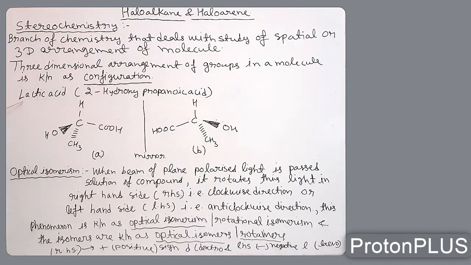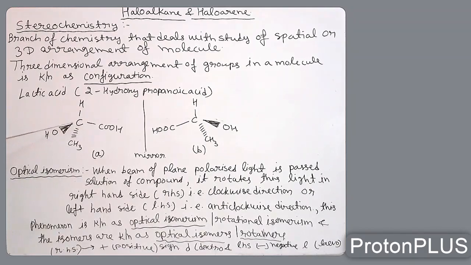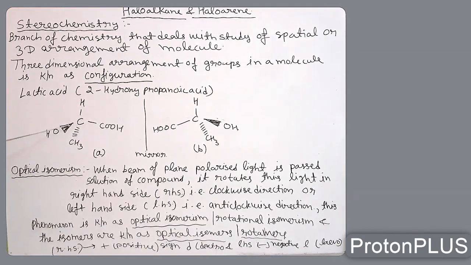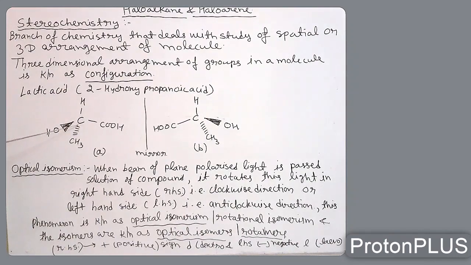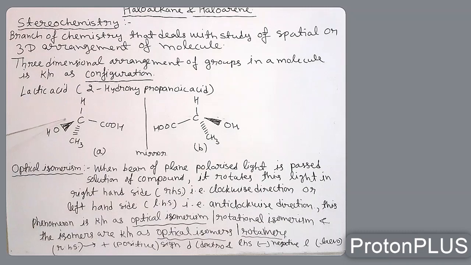For example, if I take lactic acid, that is 2-hydroxypropanoic acid. In this molecule, if we check the three-dimensional arrangement, this one is the central atom, that is carbon. Four groups are attached to it. These two groups, hydrogen and COOH, are shown by a straight line.